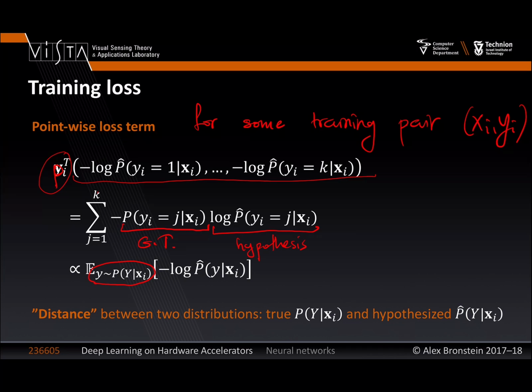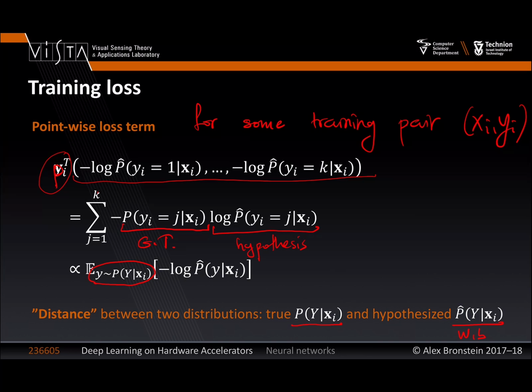Now, you can think of this expectation as some form of a distance between two distributions. I have my ground truth distribution on one hand, and my hypothesized distribution on the other. The hypothesized distribution is a parametric function with two parameters, w and b, and I would like to tune those parameters to minimize this distance.